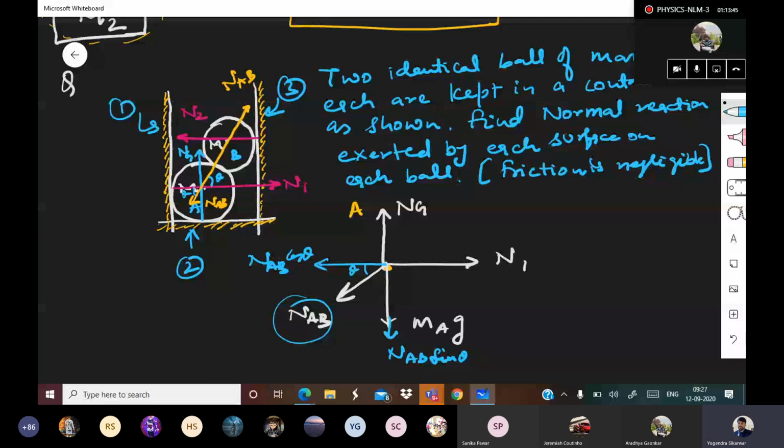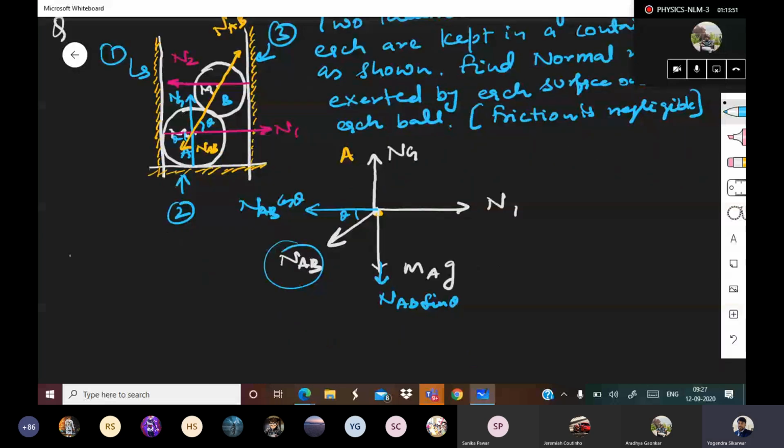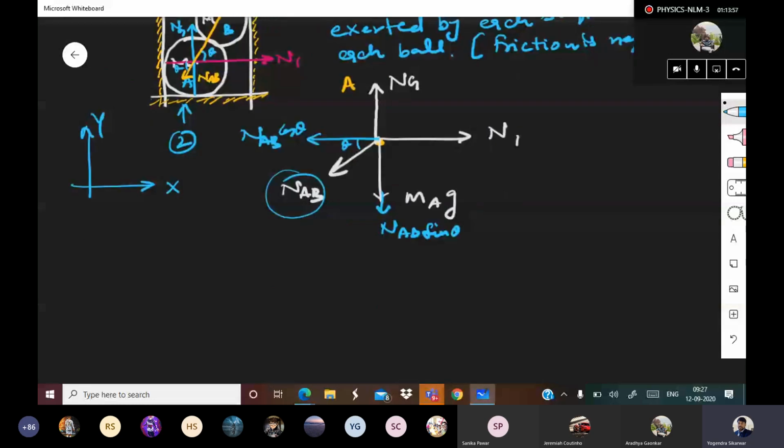So along horizontal, or you can say along x-axis, this is x-axis and this is y-axis. So along x-axis, N1 minus NAB cos theta is equal to 0. Why? Because it is not accelerating along horizontal.